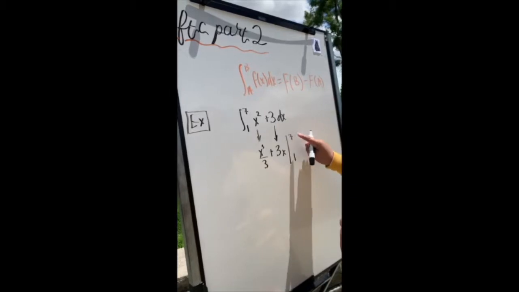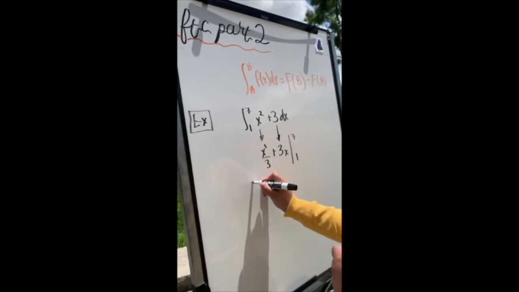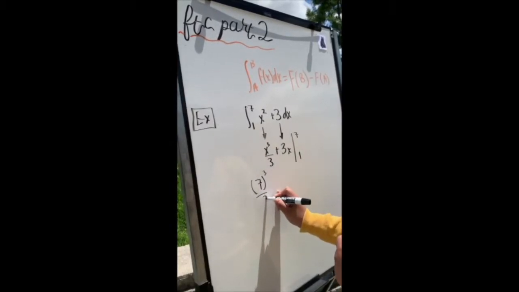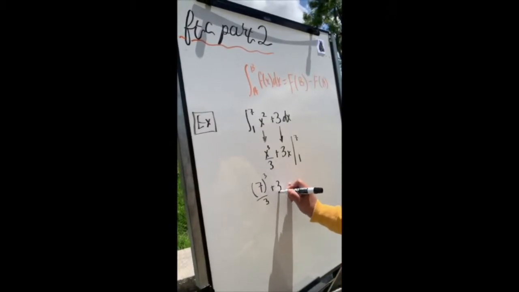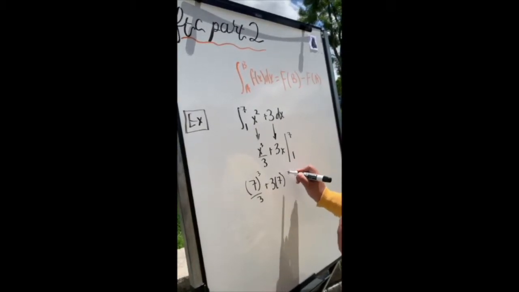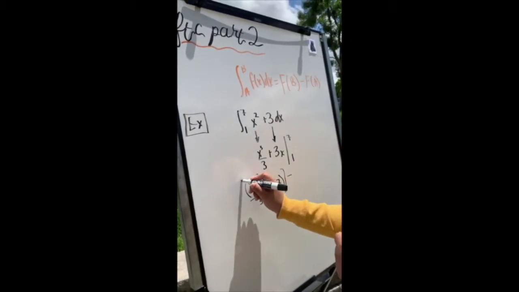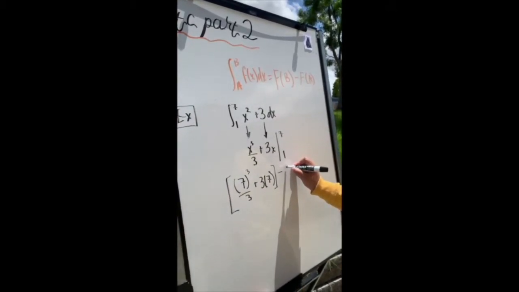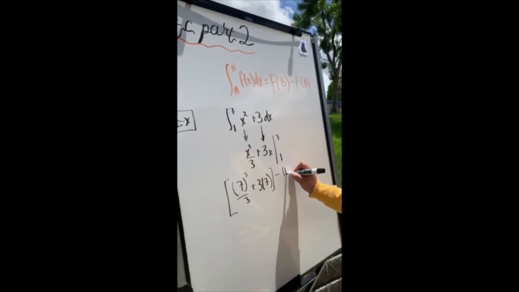So we will begin by plugging in our b value, which is 7. So this will be 7 cubed over 3 plus 3 times 7 minus, go ahead and bracket that off just so that you won't get confused.